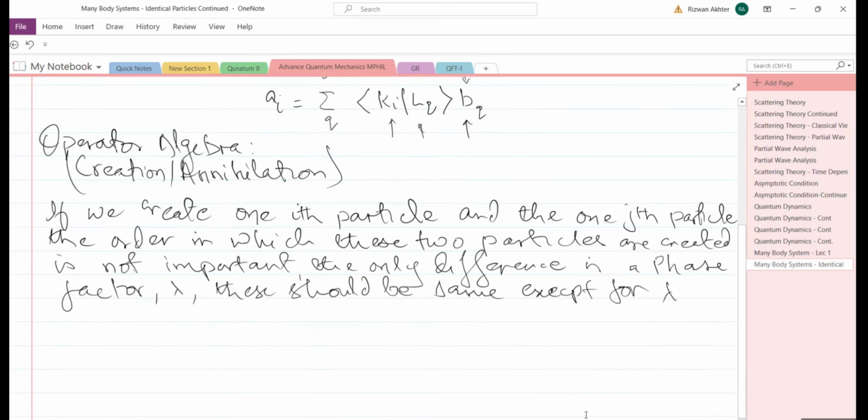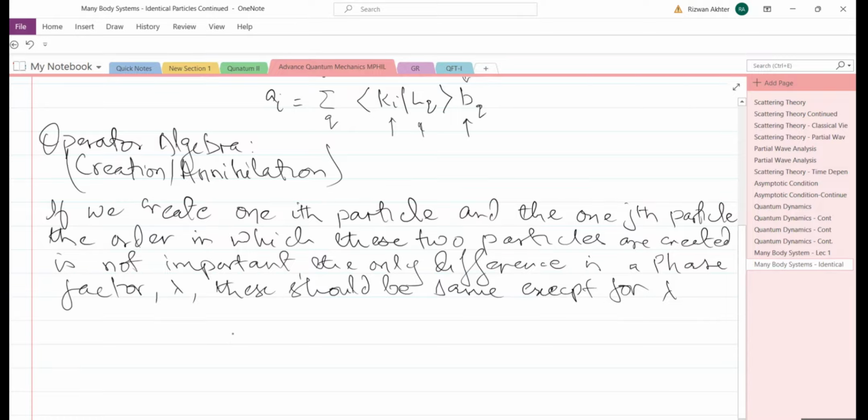And when they are the same, we can say that a_i dagger a_j dagger, so first you create the jth particle, for the state psi, is equal to a_j dagger a_i dagger of that state.